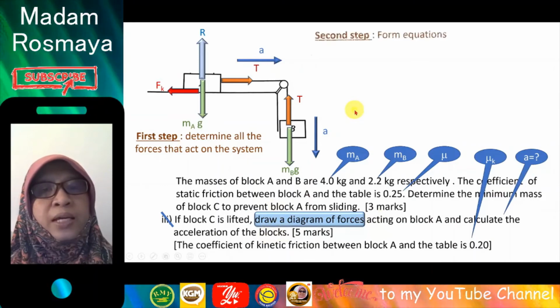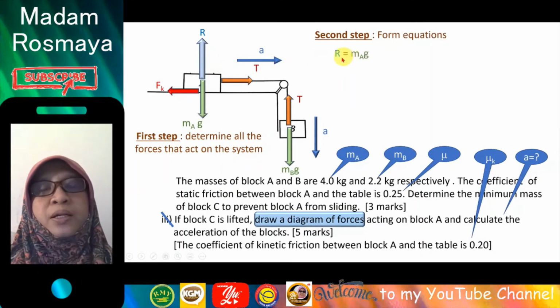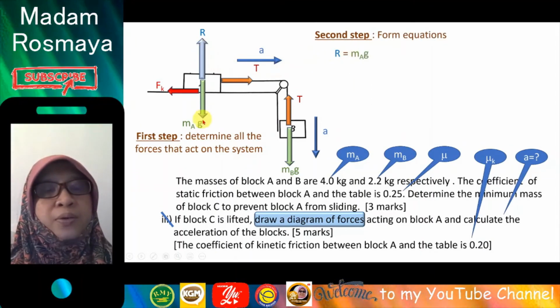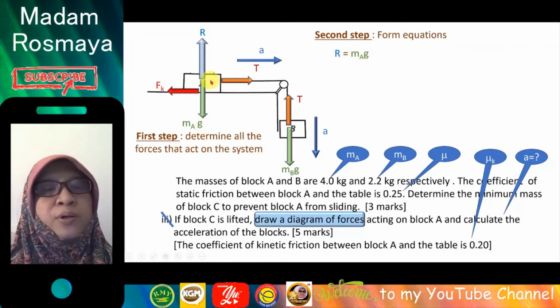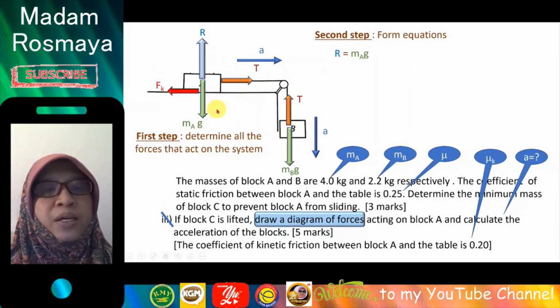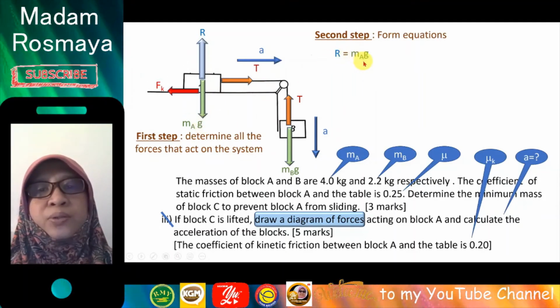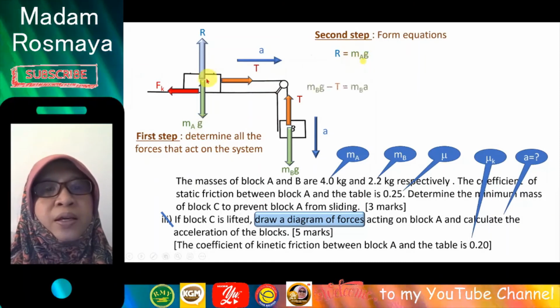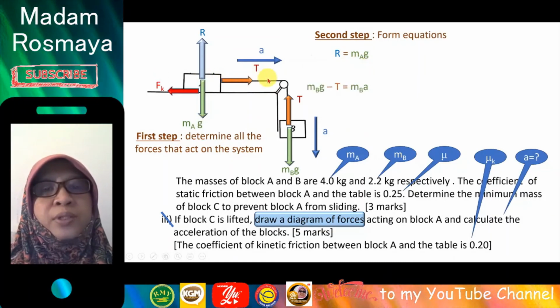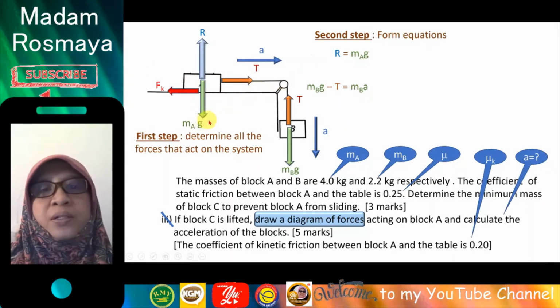So second step, we form equations. They are no longer in equilibrium, but R equals MAG. This is equal because block A doesn't fly, or the table doesn't collapse. So R equals MAG. The blocks move to the right, so block B first.